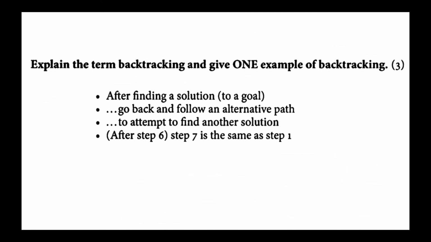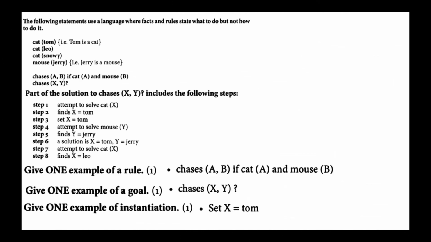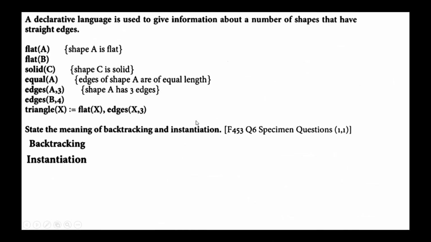After finding a solution to a goal, it goes back and follows an alternate path to attempt to find another solution. From the example, after step 6, step 7 is the same as step 1, so it goes back. It's a bit of a loop.